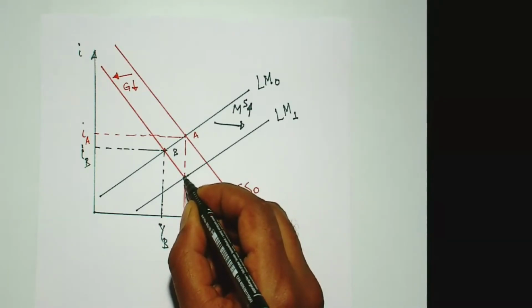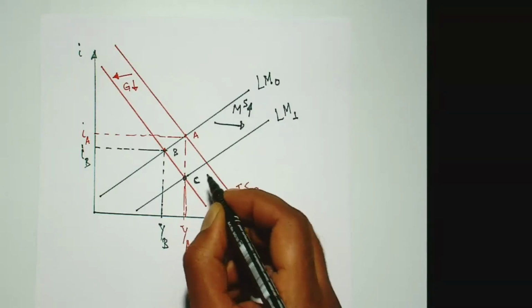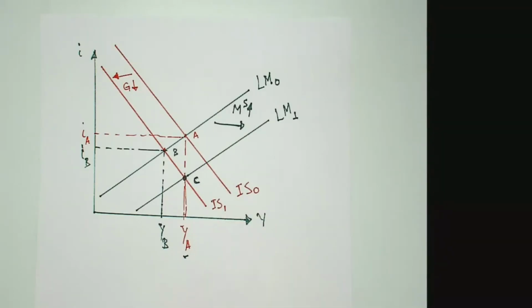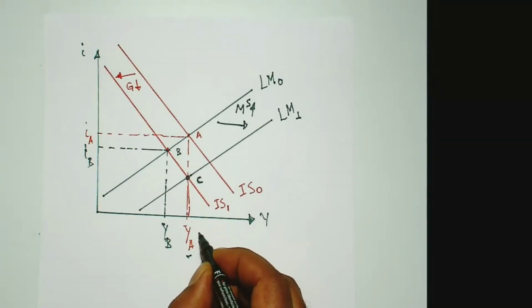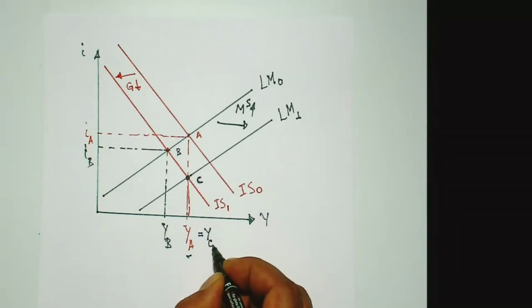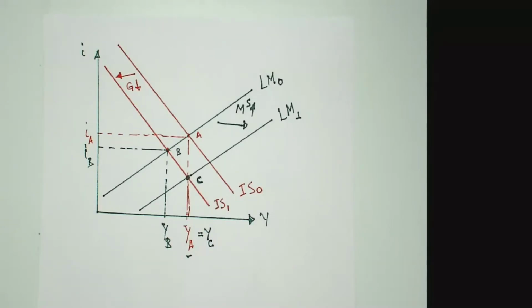Here you can see a new equilibrium point C, where we have reached the income level of YA, equal to the new income level YC.